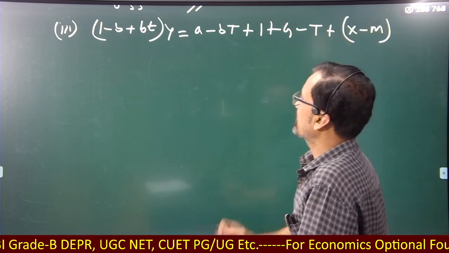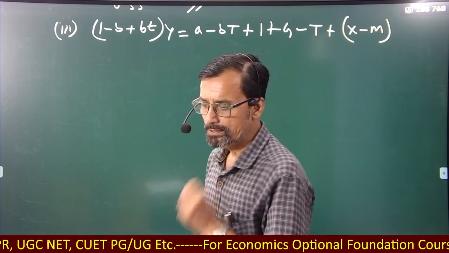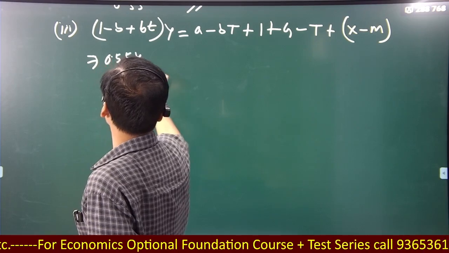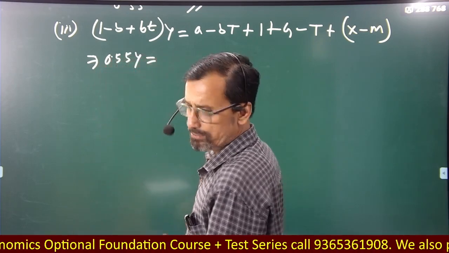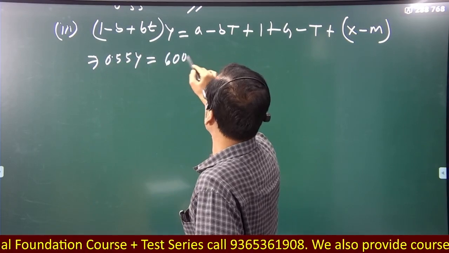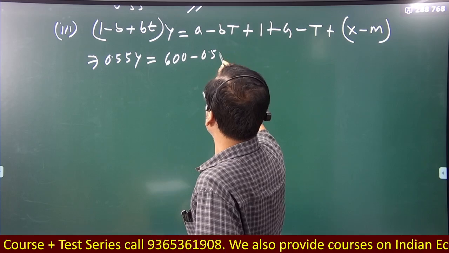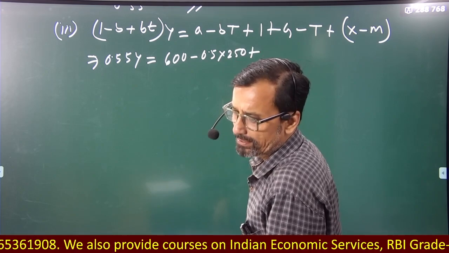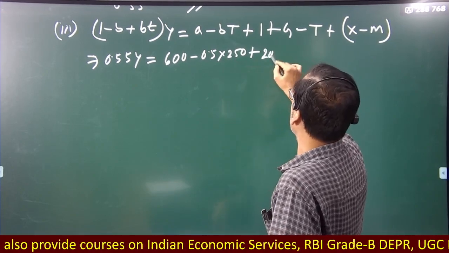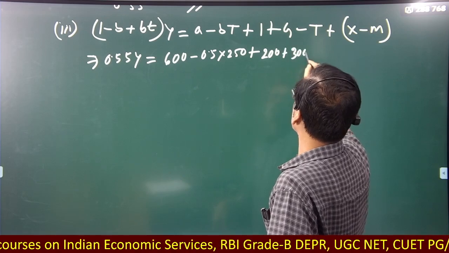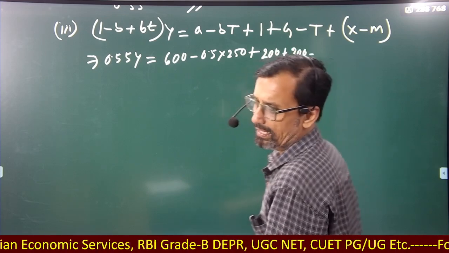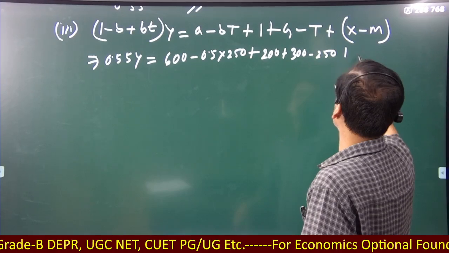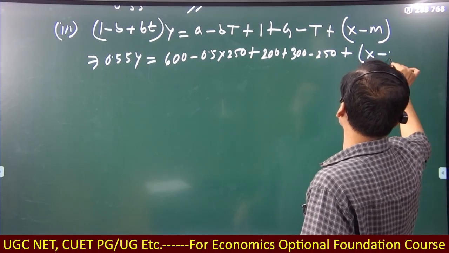This net export, this was export. So here we will get the figure 0.55 as earlier. Consumption here 600 minus 0.5 times tax 250, and investment 200 plus government expenditure 300, and 250 is autonomous tax plus export minus import.